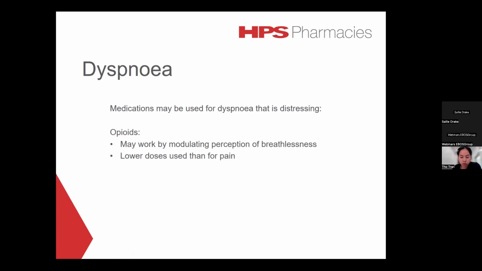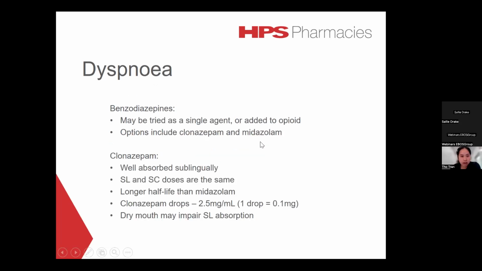For patients who are already taking opioids, the therapeutic guidelines suggest that the as-needed opioid dose prescribed for breakthrough pain may be used for the treatment of distressing breathlessness. If the breathlessness is ongoing, an increase in the dose of the regular opioid may be considered by the prescriber. So if the patient is already on opioids for pain relief, we can increase the dose a little bit to treat breathlessness.